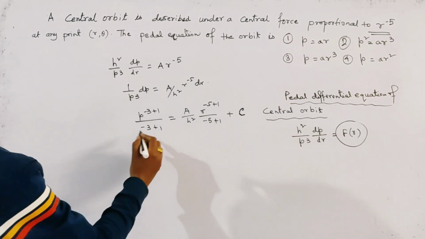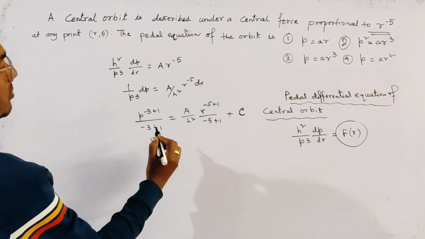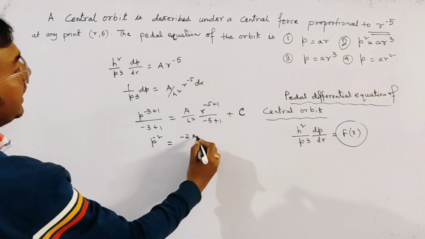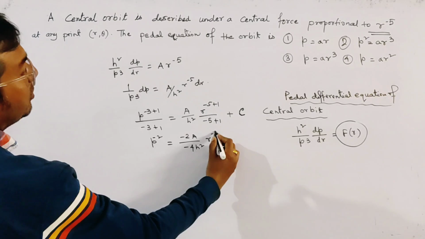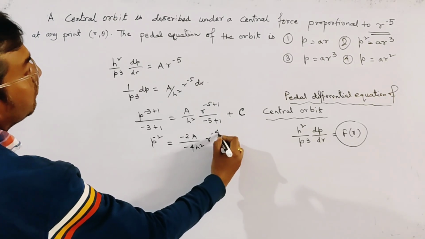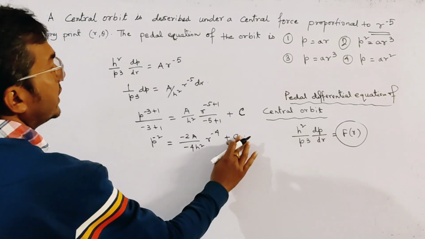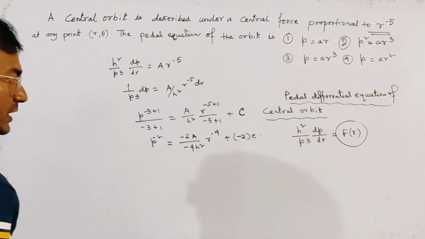Clearly this is p to the power minus 2, and this is equal to minus 2A by minus 4h square r to the power minus 4 plus c, and we get another extra minus 2 also here, minus 2 into c.